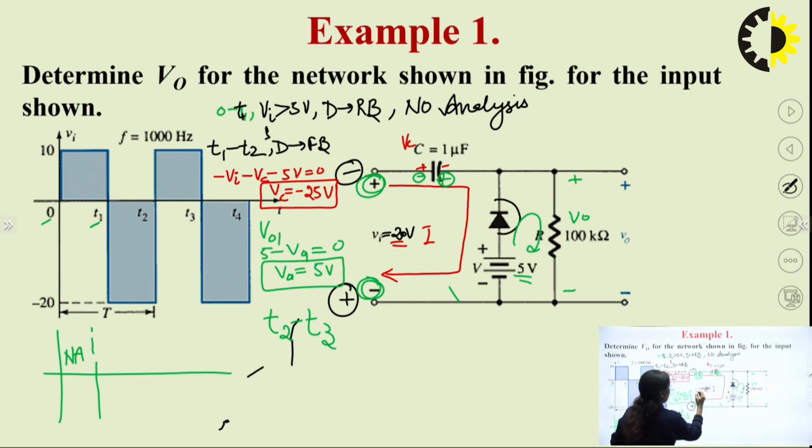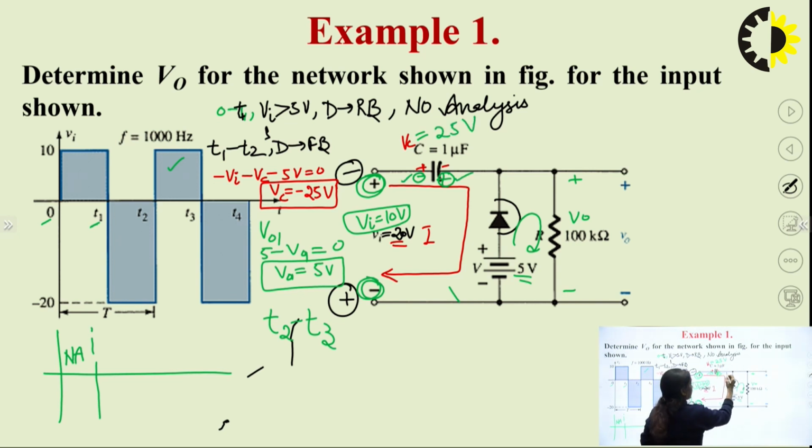With Vi equal to 10 volts. This is 10 volts. And the capacitor is charged to the value Vc equal to 25 volts with this polarity. Mind it, we have to consider now the polarity which is marked by the green pen, because the Vc is coming out negative.